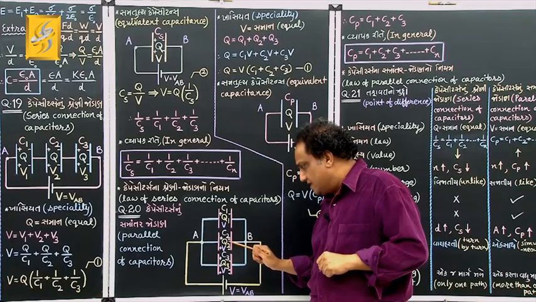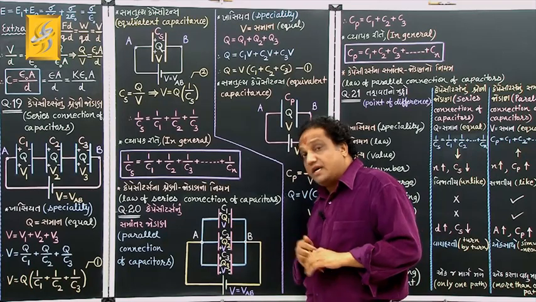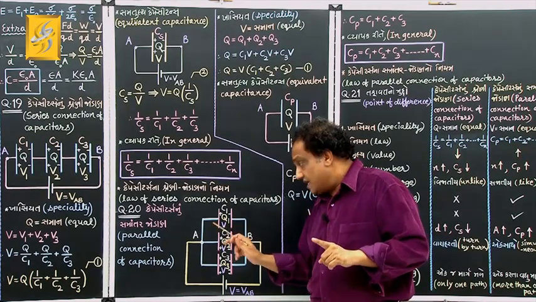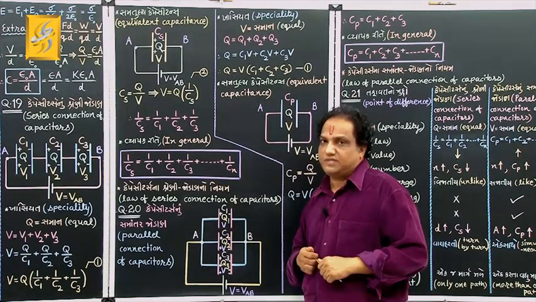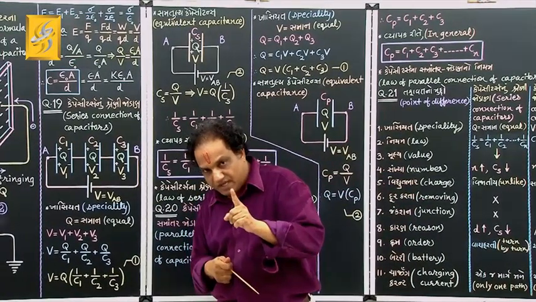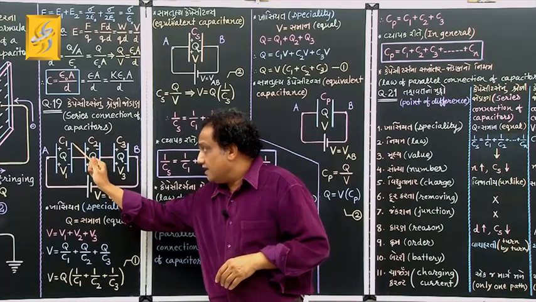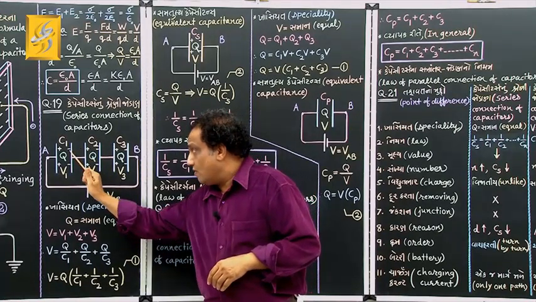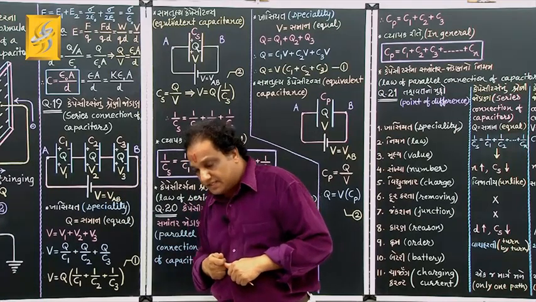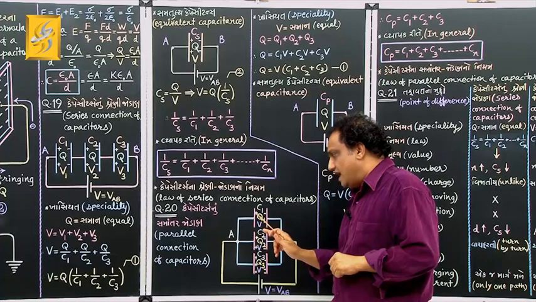You can see here also minus, here also minus. So here interconnected plates have same polarity of the charge, and here opposite polarity of the charge. I repeat for the last time, in case of series connection of capacitors, the interconnected plates have opposite or unlike charges, and here interconnected plates have like charges.